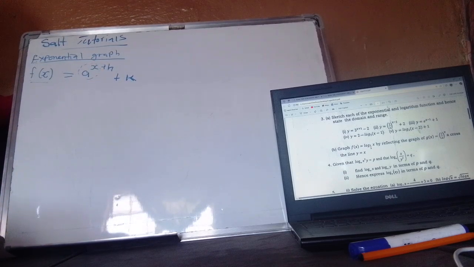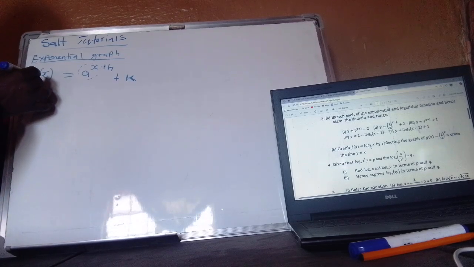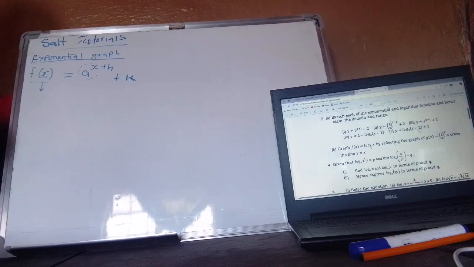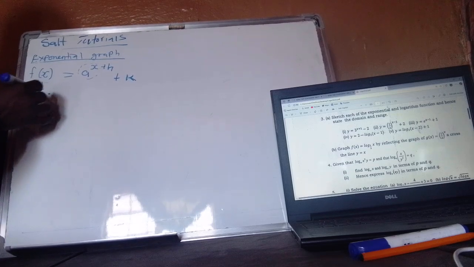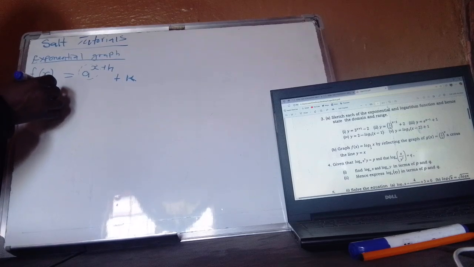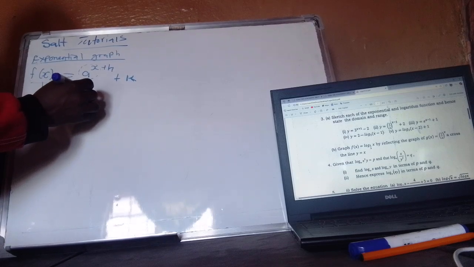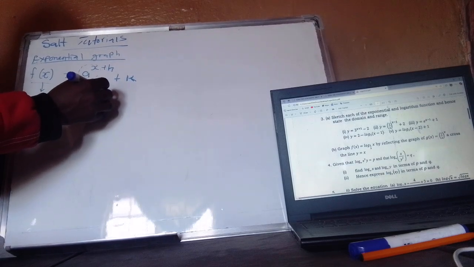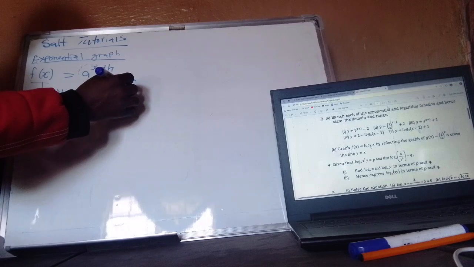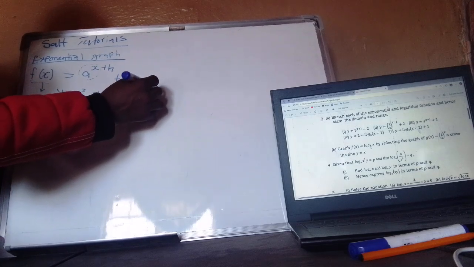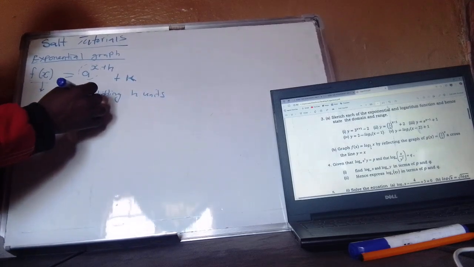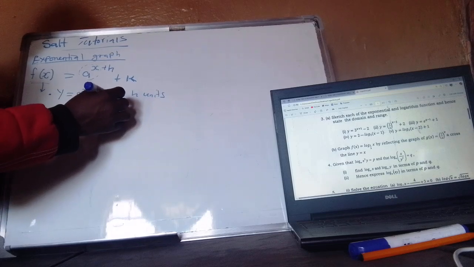So basically, f of x is made up of what? For this function to be made up, we are going to have y equals a power x shifting h units to the left.